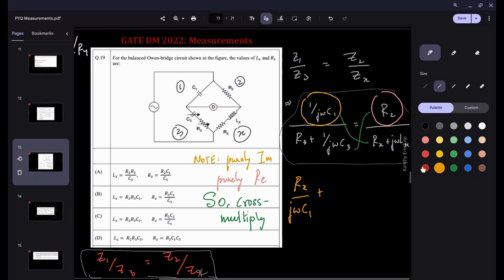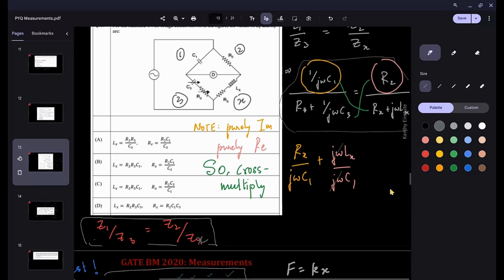That term, J omega will get cancelled. J omega Lx by J omega C1. To show what is imaginary, real, I have color coded. I'm retaining the color code. This is the LHS.